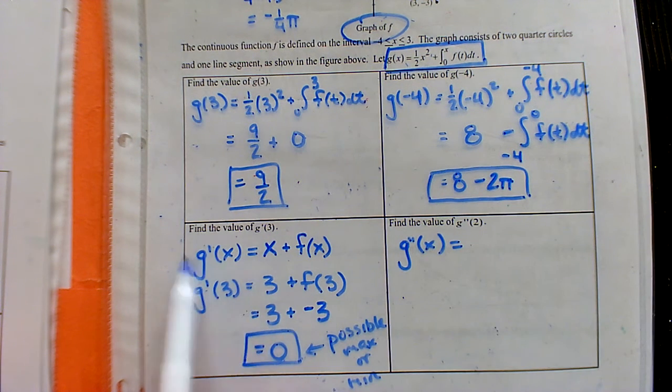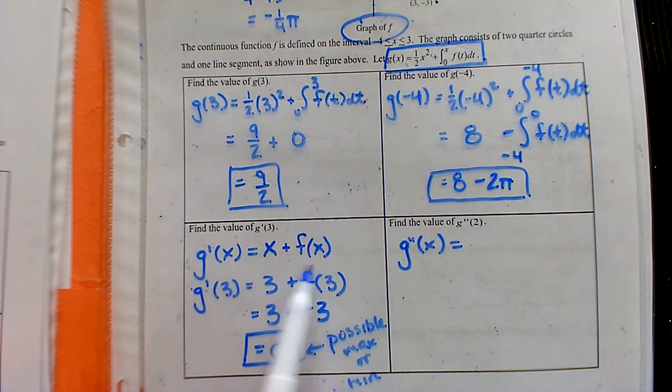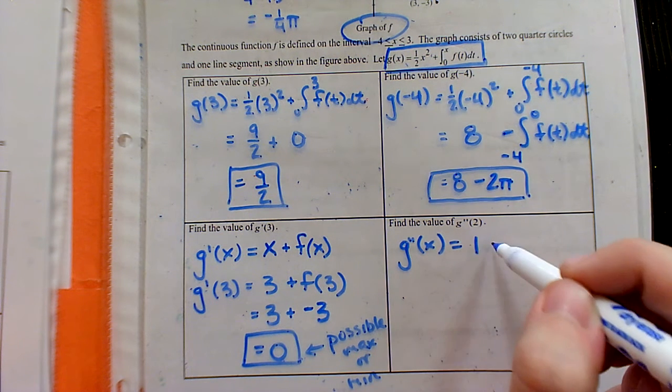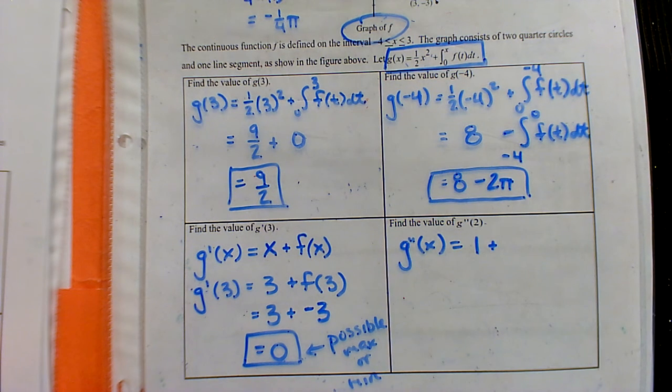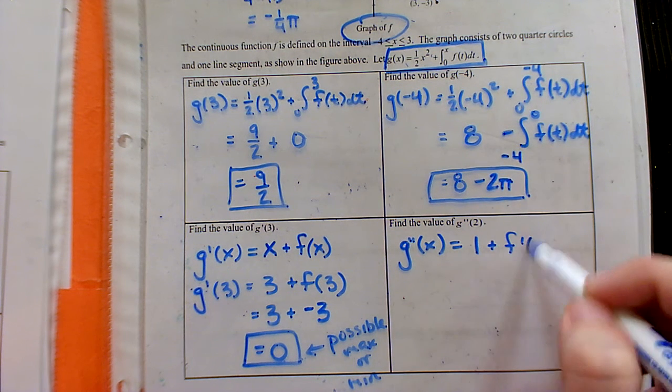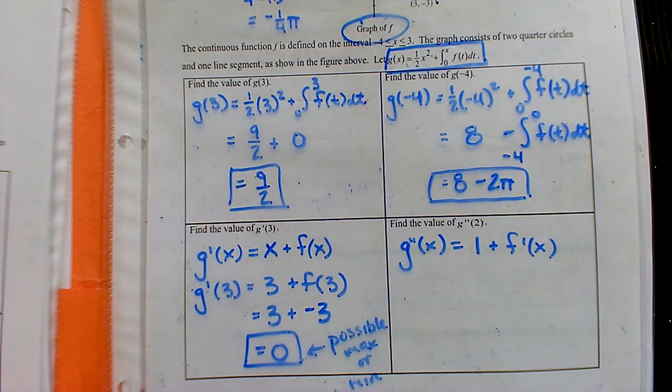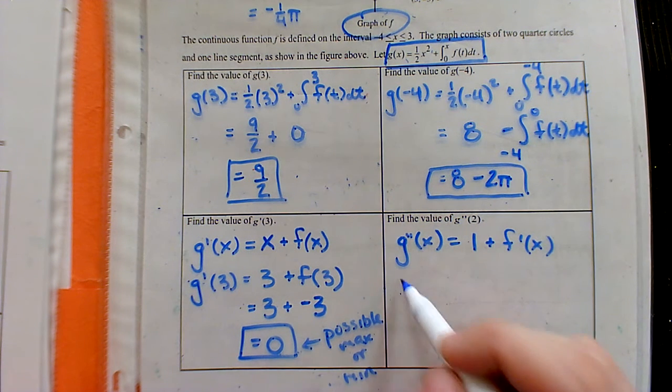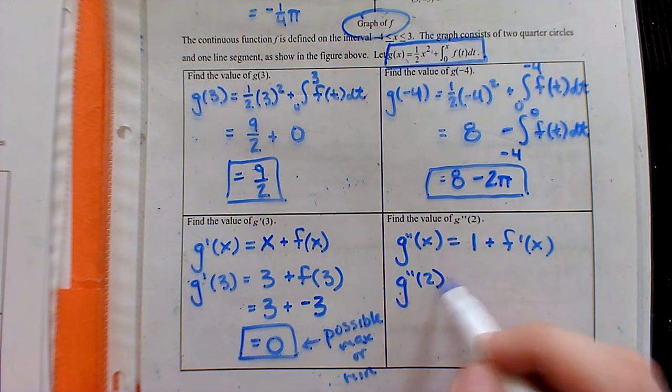So we have the first derivative in the box to the left. We want to take the derivative of that equation. The derivative of x is 1, and the derivative of f of x is f prime. Let's go ahead and plug in 2.